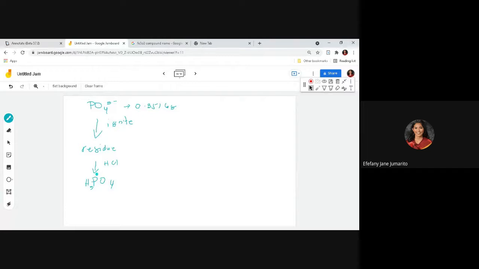After this, we add Mg2+, and then we add NH3, the ammonium. So what we have formed is MgNH4PO4, then you have your water.